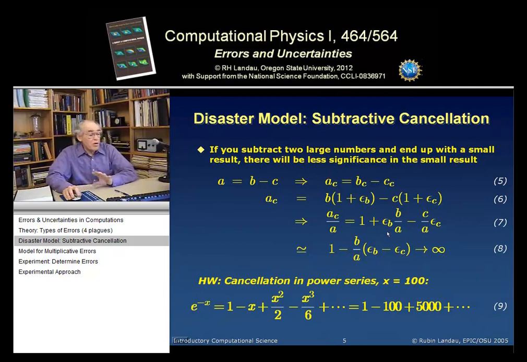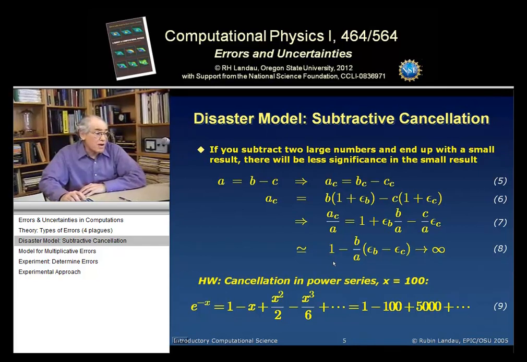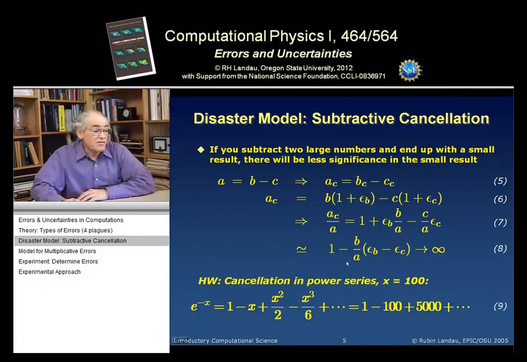Okay? And this is true in general. Equation 8 here is true when you have subtractive cancellation. If we imagine B and C being much the same size, and with errors, it's all right to make hand-waving arguments. We don't know what they are anyway, so it's just an approximation. So if B and C are about the same size, the answer is 1 minus B over A times the difference in errors.